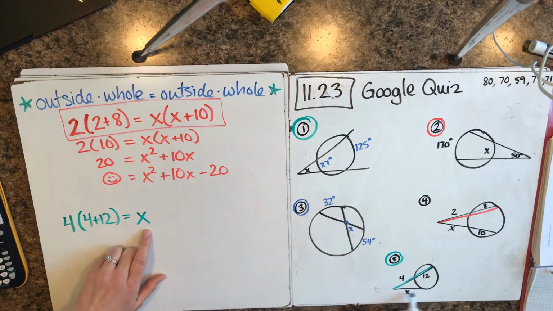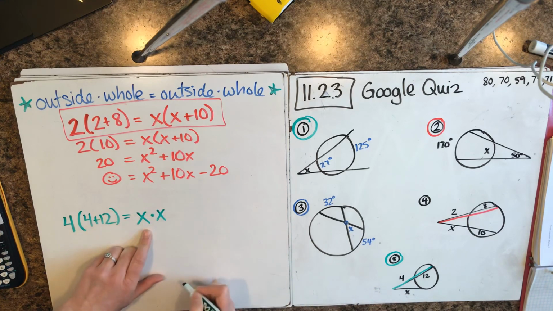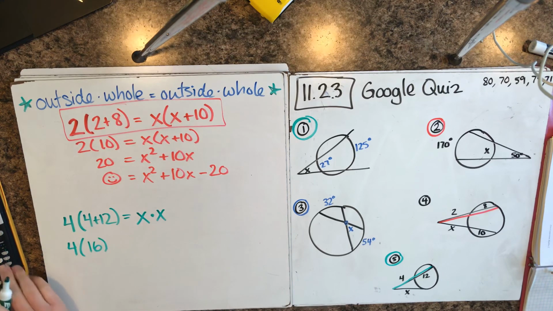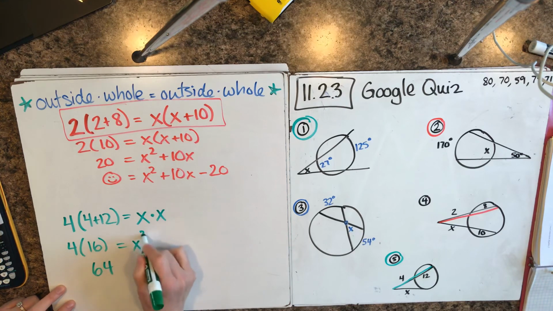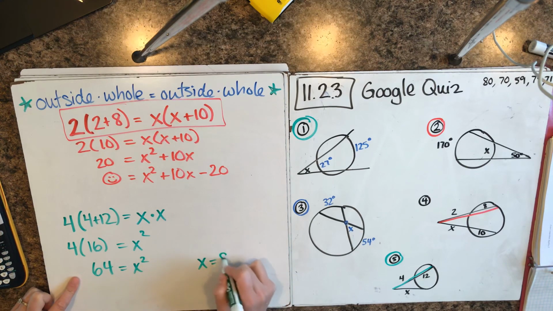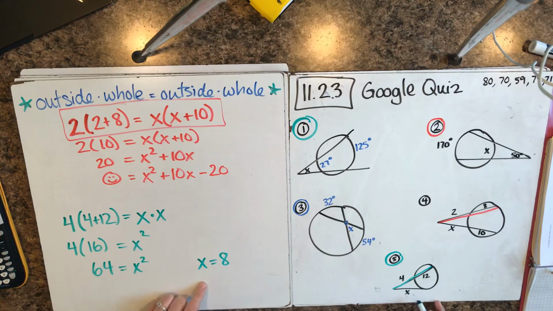What's the whole thing? Well, it's still x. So this is 4 times 16, and of course 4 times 16 is 64, equals x squared. And the square root of 64 is 8. So in this case, the x value would be equal to 8, okay?